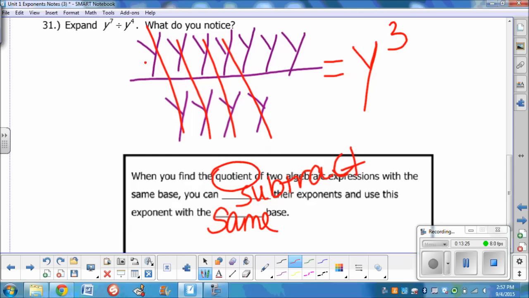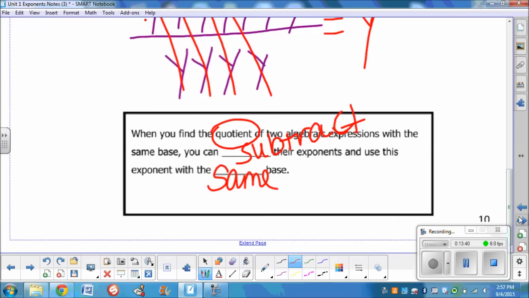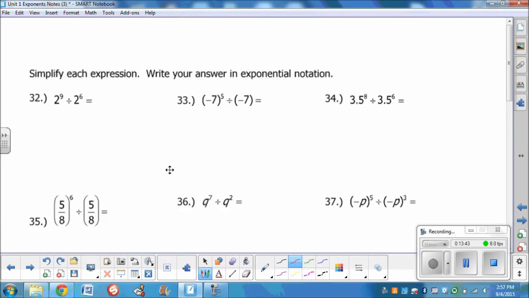So it's kind of nice how that works. When you multiply like bases, you add exponents, but when you divide like bases, you subtract exponents. So always say those two things in your head, and you shouldn't have a problem with the product or the quotient rule. Let's take a look at this next page.